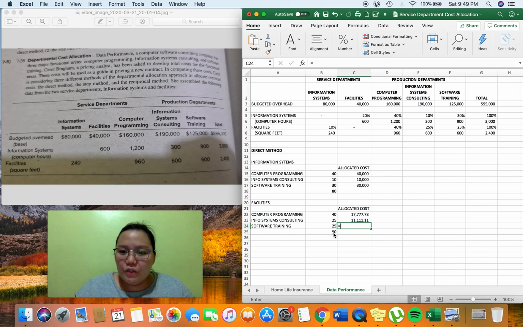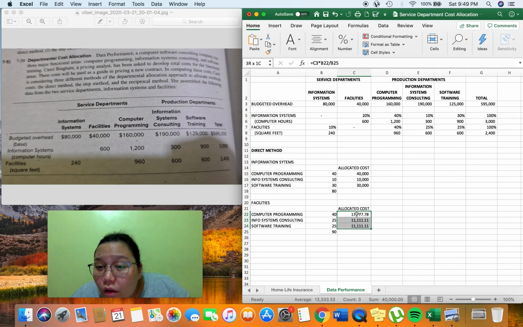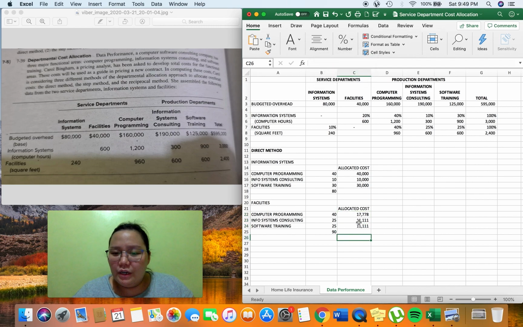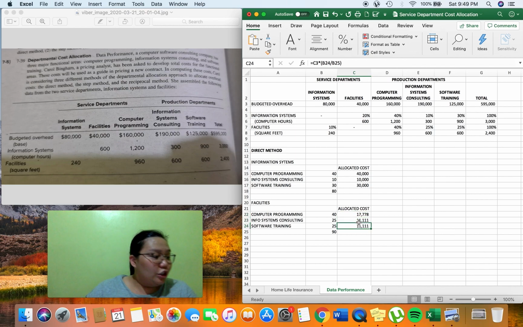And then, of course, for the software training, we'll get the same amount again, because it is the same: we still use 25 over 90 as our allocation base. So, 11,111 pesos. So, that is the allocated facilities cost to our production department.